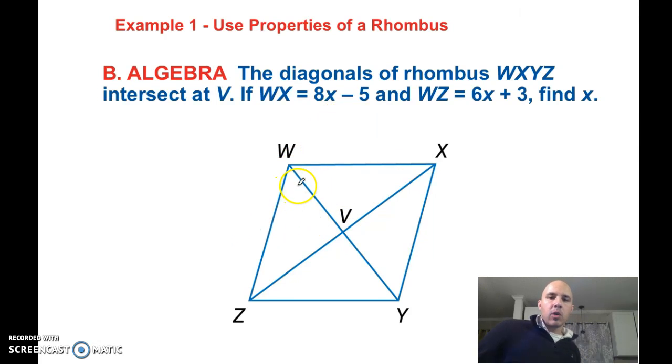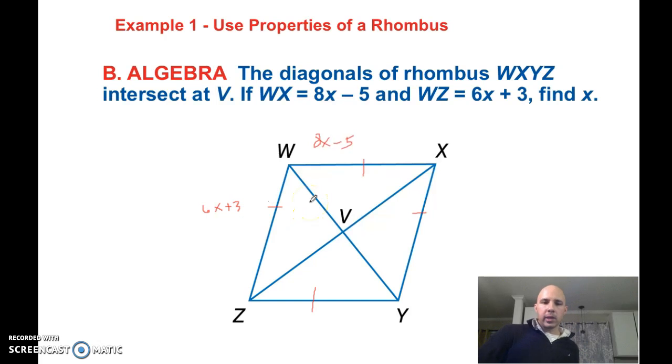Some things that we know about a rhombus: we know all the sides have to be the same. And we know that WX is 8x minus 5. We also know that WZ is 6x plus 3.